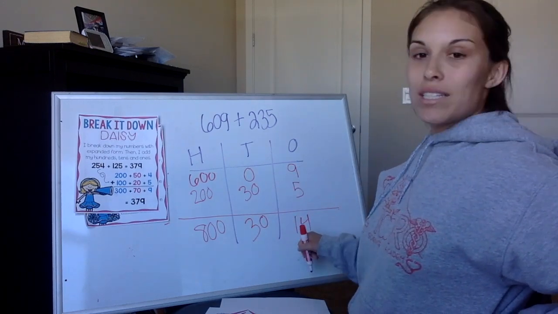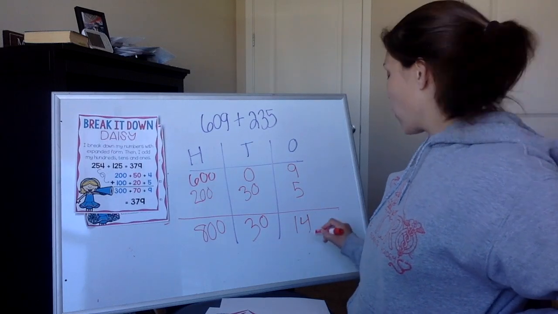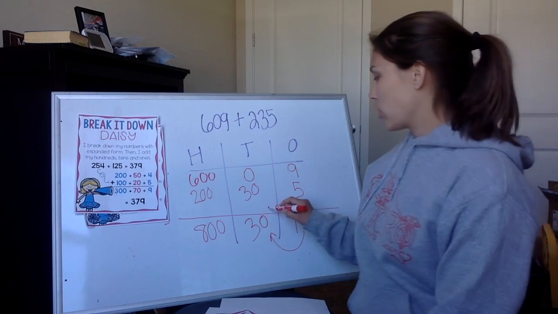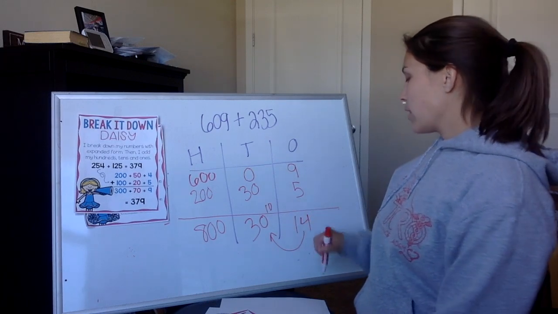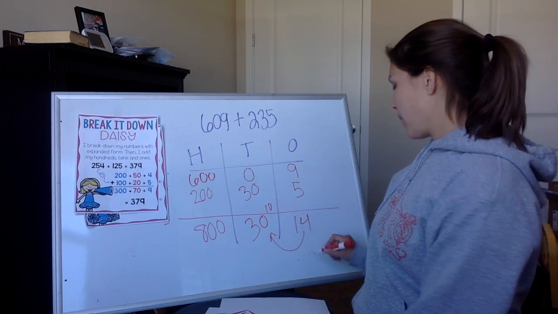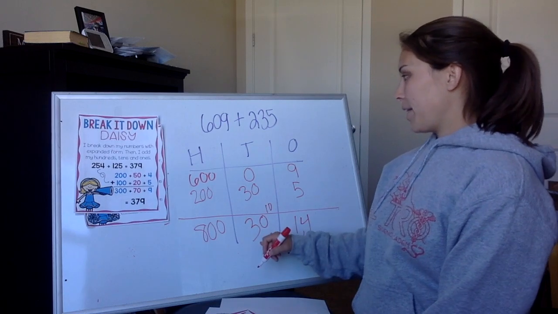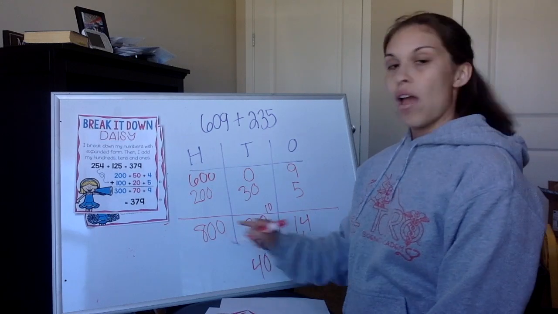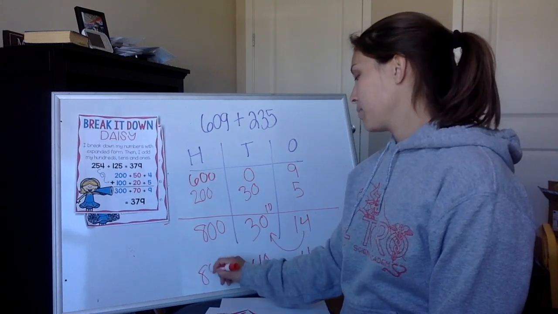So I'm going to take this 10 from the 14 and bring it over here to add an extra 10. So now, in the ones column, I have a 4. In the tens column, I have 30 plus 10, or 40. And then I simply have 800.